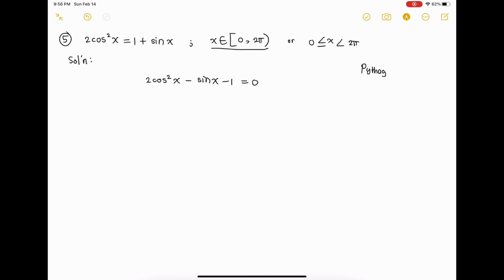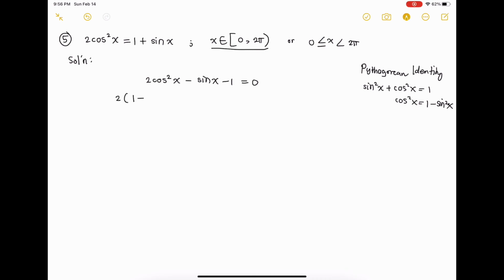Take note that cosine squared x can have an identity in the Pythagorean identities, which is sine squared x plus cosine squared x equals 1. Then cosine squared x is just equal to 1 minus sine squared x.